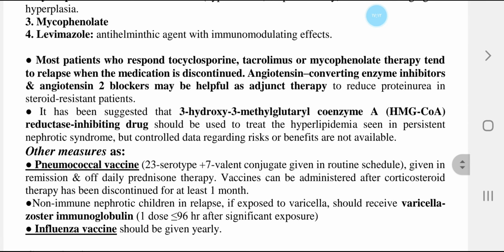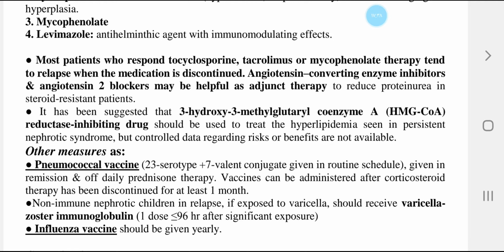Most patients who respond to cyclosporine, tacrolimus, or mycophenolate therapy tend to relapse when the medication is discontinued. Angiotensin-converting enzyme inhibitors and angiotensin II blockers may be helpful as adjunct therapy to reduce proteinuria in steroid-resistant patients.